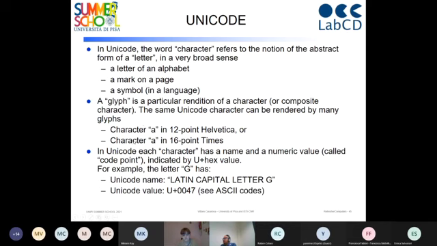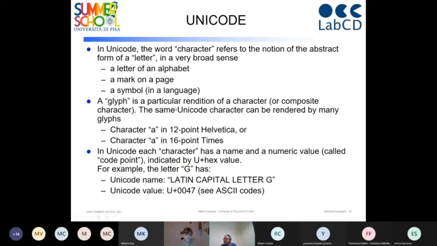So this was the first notion: let's take, in the abstract, all the basic symbols that exist today in the whole world, and let's detach the definition of each symbol, to which we assign a name and a number. So each symbol in Unicode has a unique name and a unique number that is called the code point.